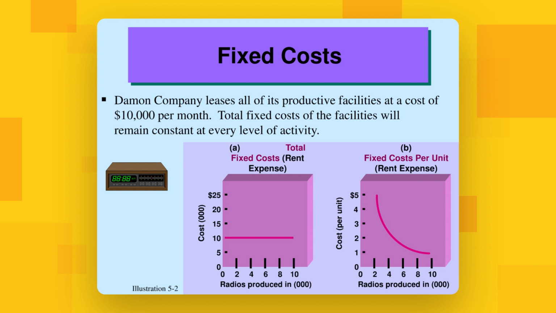It will remain the same regardless of your activity level, while fixed cost per unit will vary inversely regardless of the activity. As the volume increases, fixed cost per unit will decrease. As the volume decreases, fixed cost per unit will increase. Meaning, it will vary inversely with your sales or activity level.